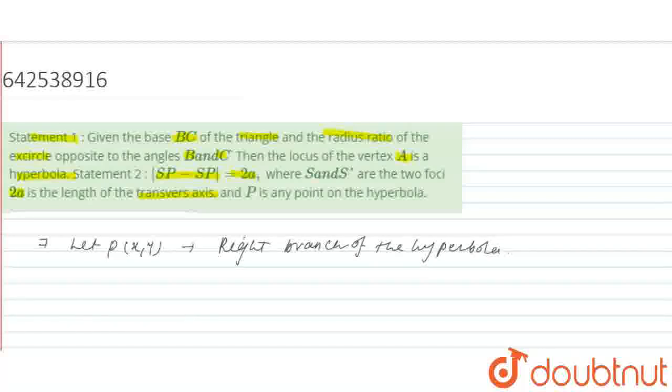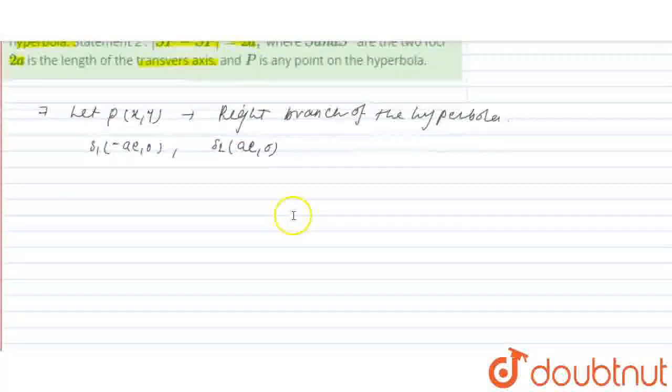S1 and S2 are the two foci, so the coordinates of S1 will be (-ae, 0) on the x-axis, and S2 will be in the positive direction, (ae, 0). These are the two foci. Now if you want to find the length of P, first we will find the length of PS1.